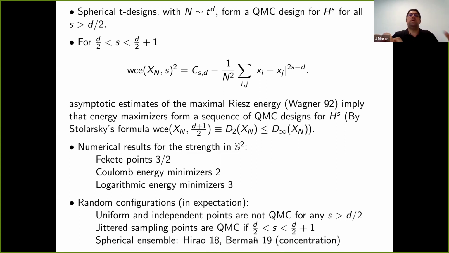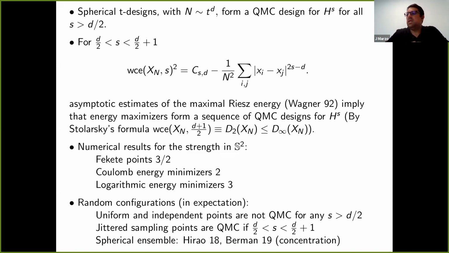But using the concentration results for the spherical ensemble, you can say a bit more about how good these points from the spherical ensemble are in terms of integration. Okay, this is just to complete this picture a little bit, and this is basically what I wanted to introduce about these worst case errors.